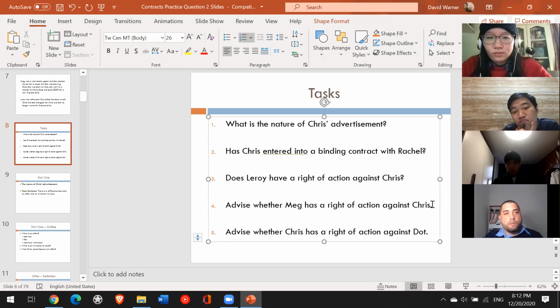Yes, she's going to sue him, and she's going to ask for damages, and she's going to ask for reliance losses, not expectation. And Chris might argue that she broke her requirement to mitigate. You don't have to say who would win. You can if you want, but it's not required. I'm not asking you that specifically.